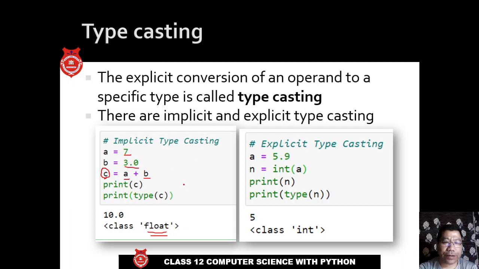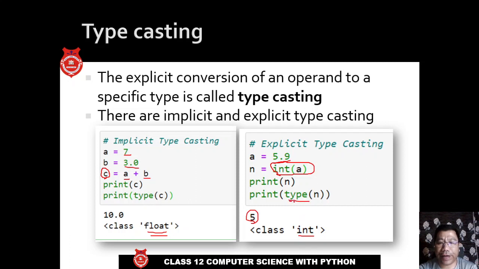But this is automatically done by the compiler. We don't need to care about it. But if you want to, you can specifically convert by specifying the type you want to convert to. For example, a is 5.9 here, and n equals int(a). int(a) means we are going to extract the integer part, so the .9 will be discarded and the type will be integer.